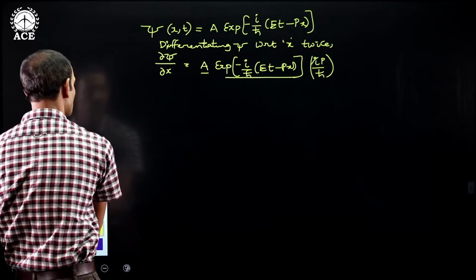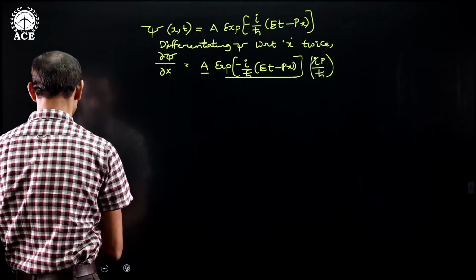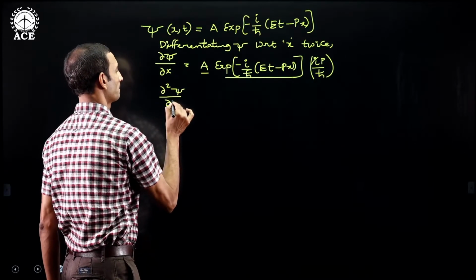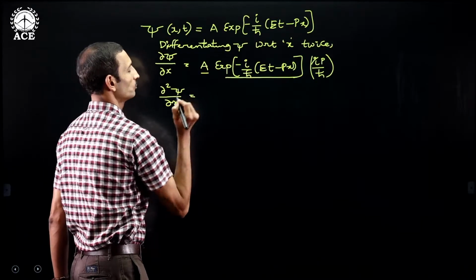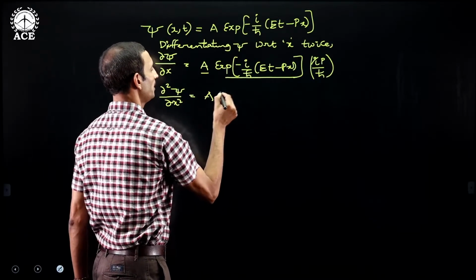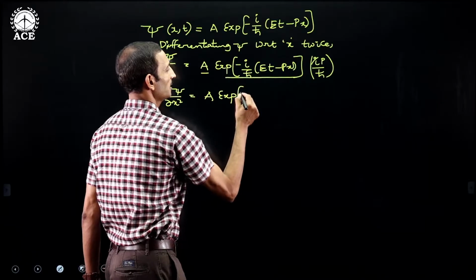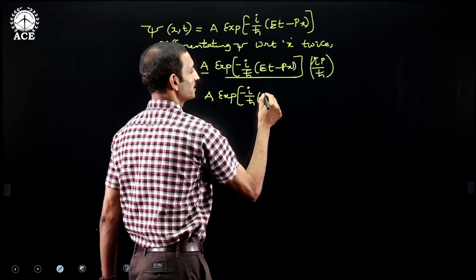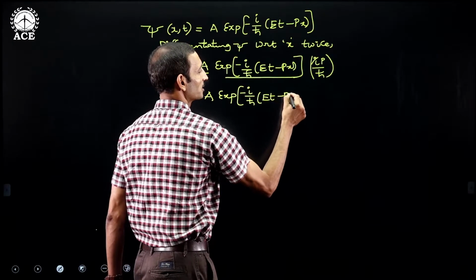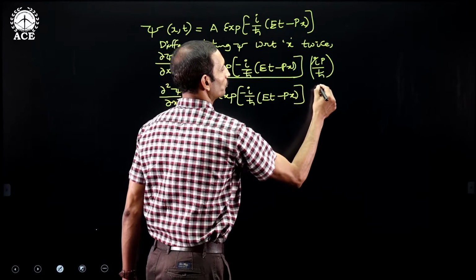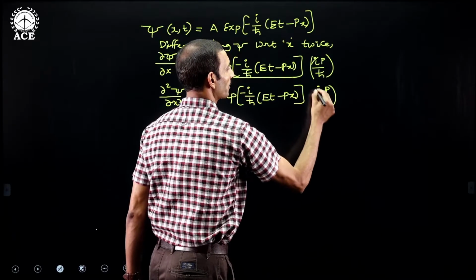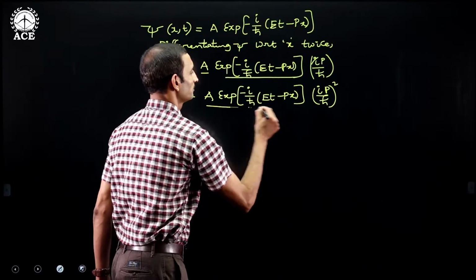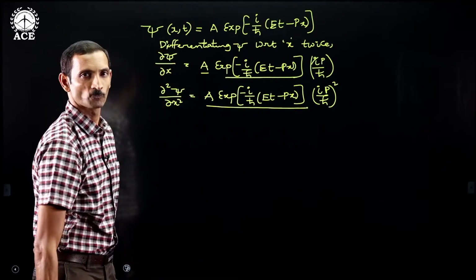So I would be considering the second differential as well. That is dou square psi by dou x square is equal to, again, A into exponential of minus i by h cross, that means e of ax will remain as it is, that is (Et minus px) into ip by h cross whole square, because we have done it again. So what is this entire thing? Psi. Agreed or not?